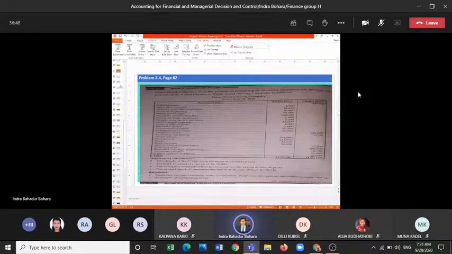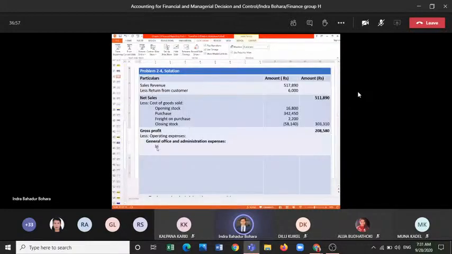Another is general and office expenses. Office expenses are 28,670.